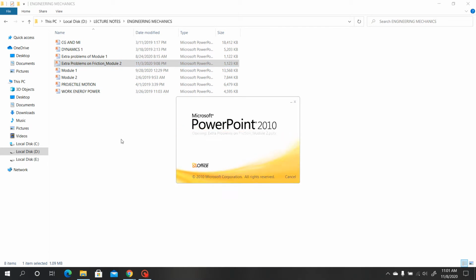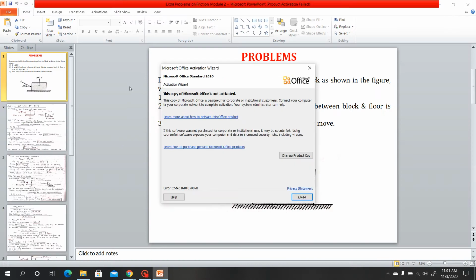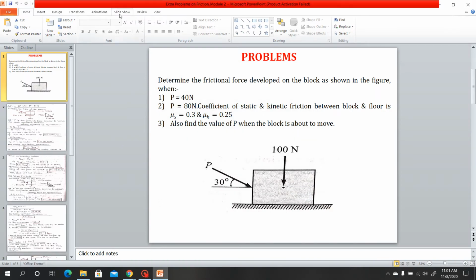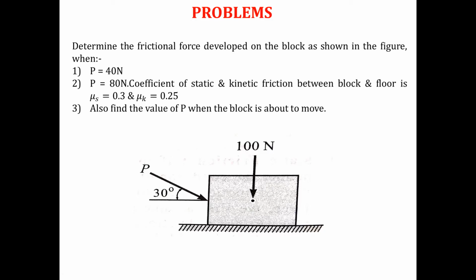Yes, this problem. Okay. So is the slide visible to you? Can you see the problem? Yes, sir. Fine.